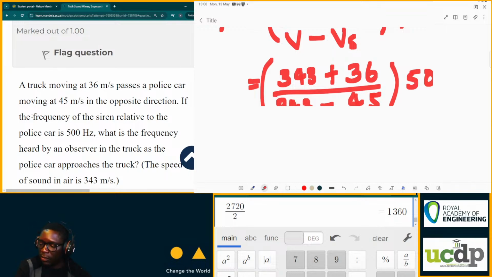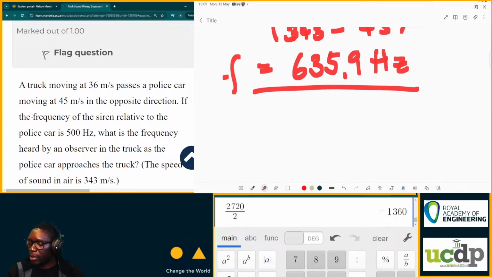If we go through that calculation, the expression simply gives us a value of 635.9 hertz.